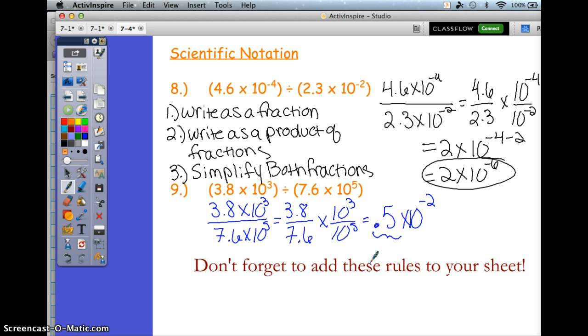That's not in scientific notation. This as a decimal is going to be 0.5 moved 2 places to the left, so you get 0.005. If I look at 0.005 and I want to put that in scientific notation, I go 1, 2, 3. So the answer is 5 times 10 to the negative 3rd. You have to put it into scientific notation. You can now start your 7-4 homework worksheet.